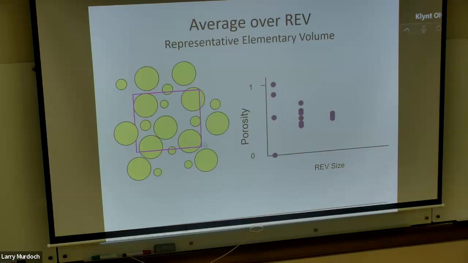So we can represent the material within this volume using this single number, and we can represent actually the entire region here with a single number if we're averaging over this. Well, not quite, but if we make it a little bit larger, what we see is that it's going to neck down and give us a single value. Okay, so this thing here, this pink box, is what we call a representative elementary volume.